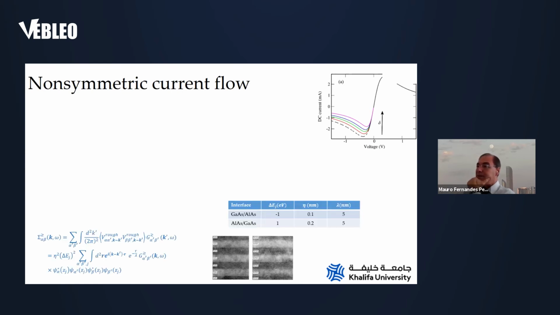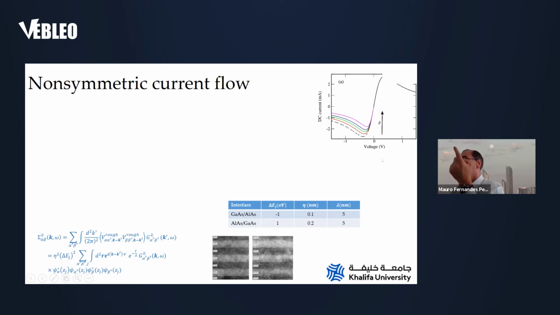And interestingly, what happens is that the interfaces, for example, of gallium arsenide and aluminum arsenide, are not the same. Aluminum arsenide sits well over gallium arsenide, but gallium arsenide doesn't sit so well over aluminum arsenide. So if the current goes this way, from bottom to top, or from top to bottom, the scattering is different, and the current voltage is not completely antisymmetric anymore.